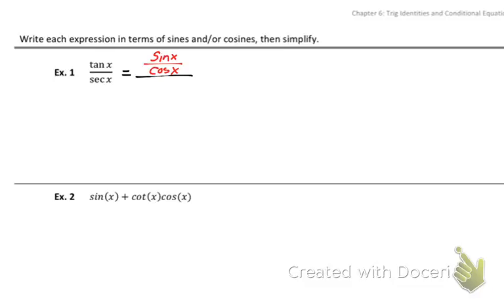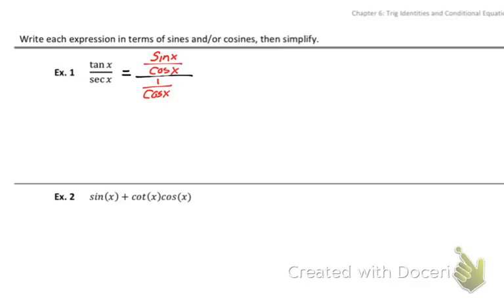So I just dealt with the top one. Now I'm going to deal with the bottom one. Can someone tell me how to rewrite secant x according to that identity sheet? Liam. 1 over cosine of x. Yep, that's exactly what we're going to do. We're going to write this as 1 over cosine of x.